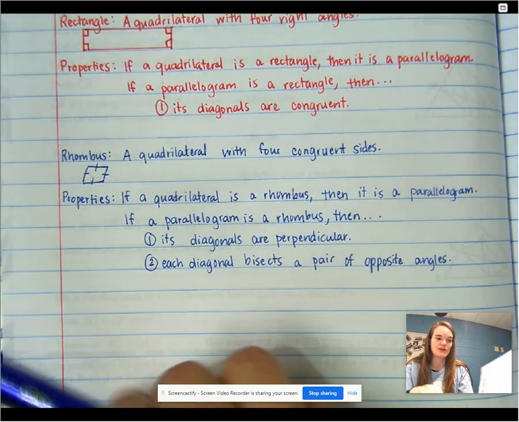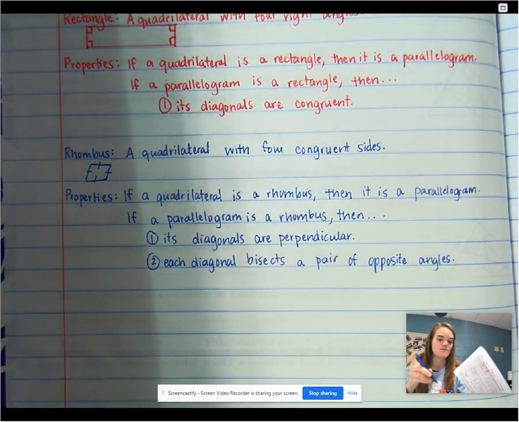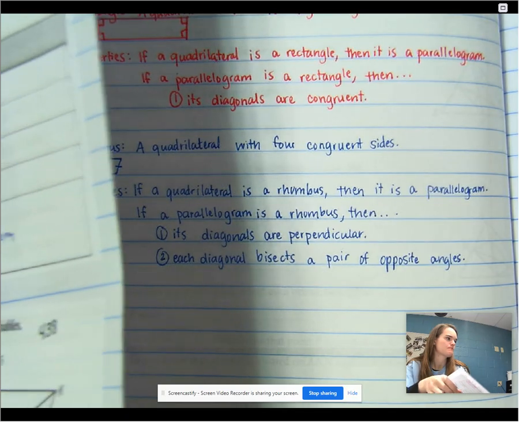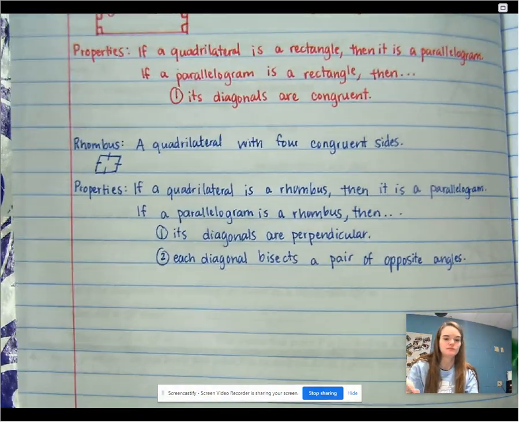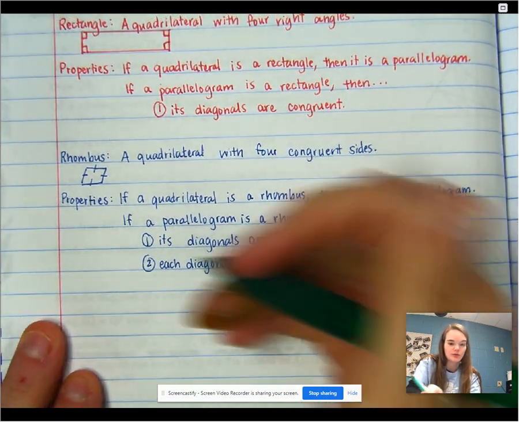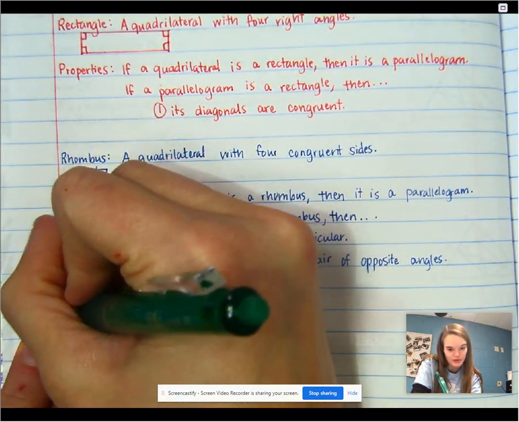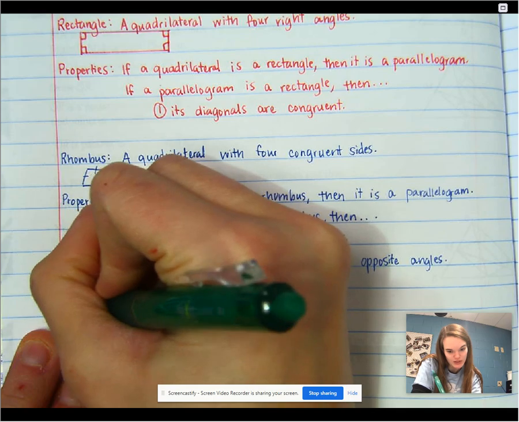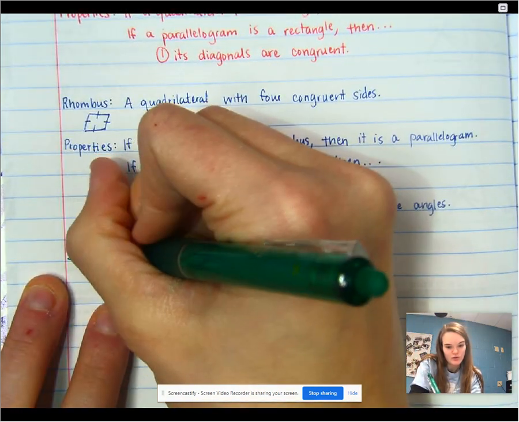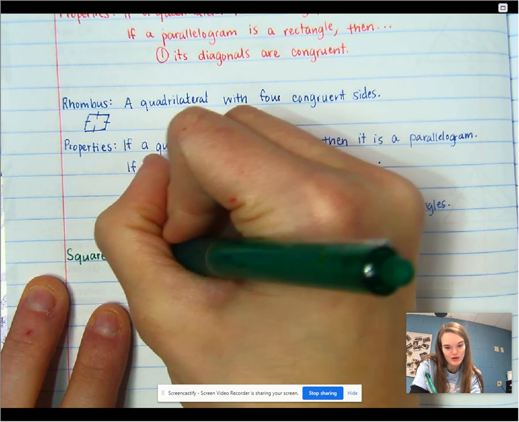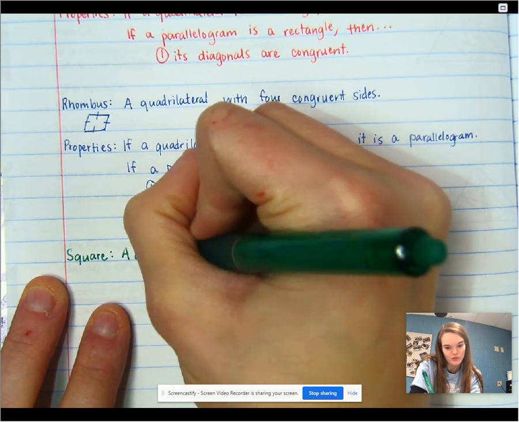All right, last, let's talk about a square. Again, I know you're familiar with a square, what a square is, what a square looks like. But we need the formal mathematical definition of a square. A square is a quadrilateral. In case you don't know by now what a quadrilateral is, it is a 4-sided shape.